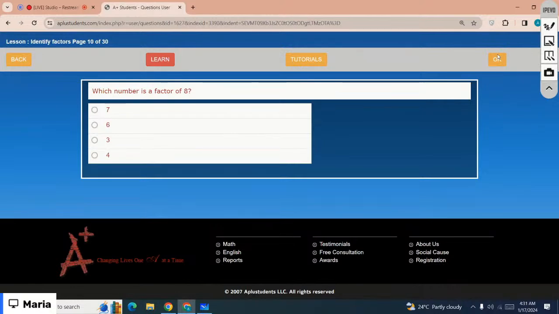Yes, 4 it is. 4 is the factor of 8. The correct option is 4.